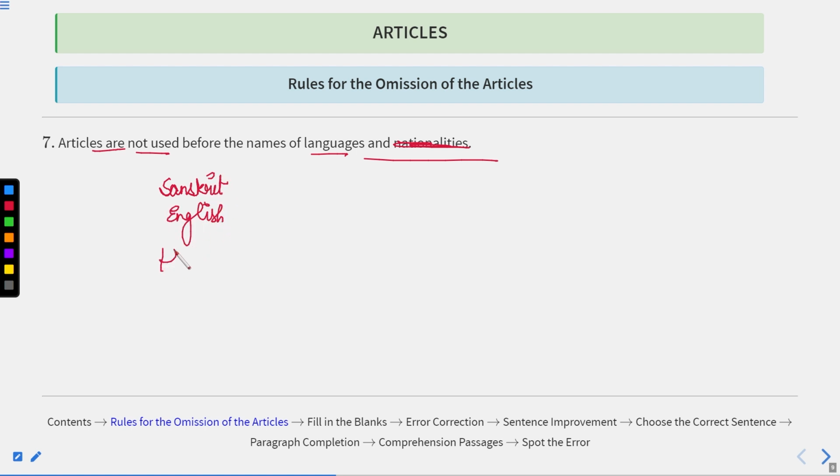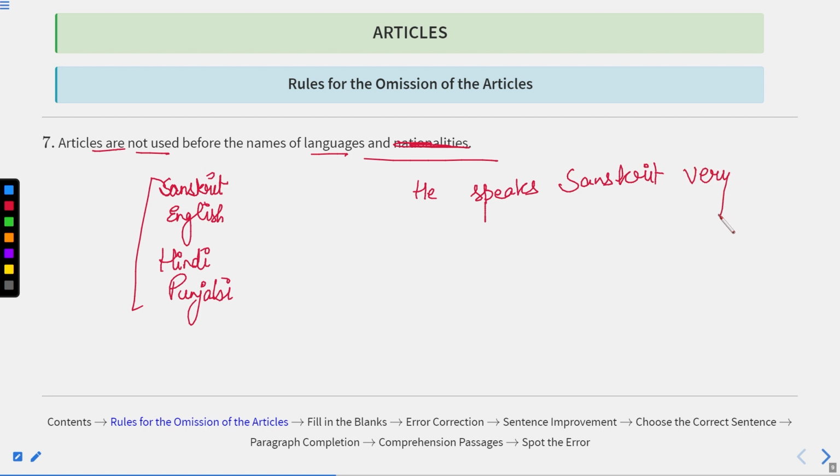If I say Hindi, Punjabi, Sanskrit, I cannot use an article before these languages. I cannot say the Sanskrit or the English. I simply say he speaks Sanskrit very well. I cannot say the Sanskrit; that will be incorrect.